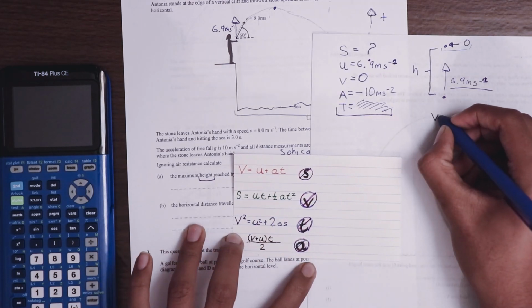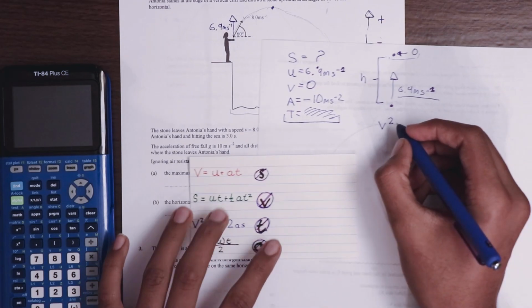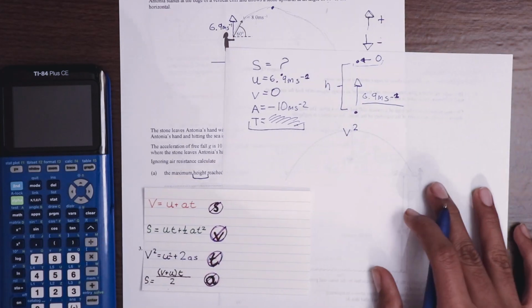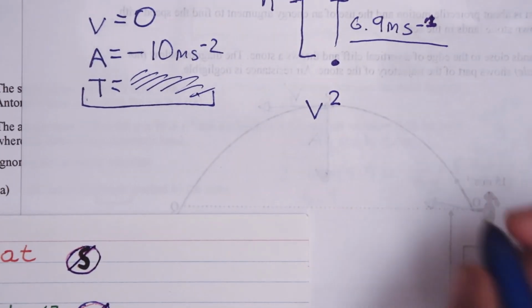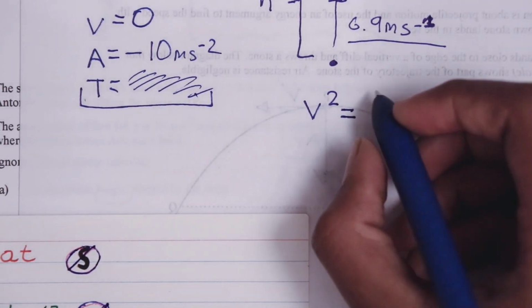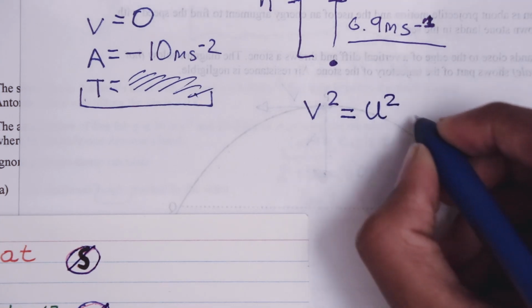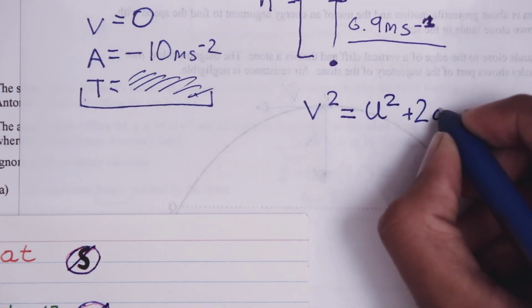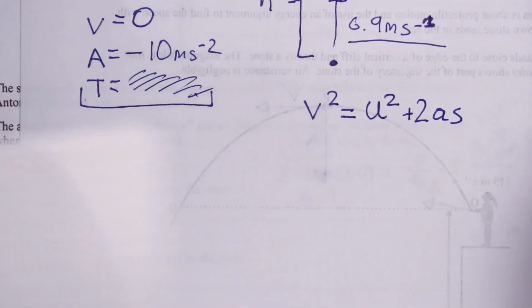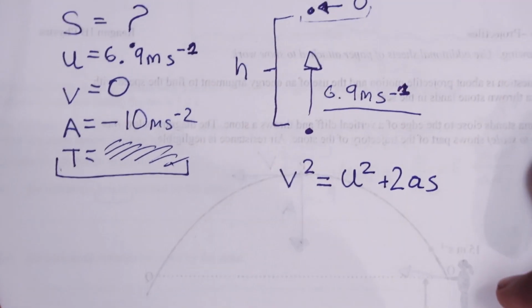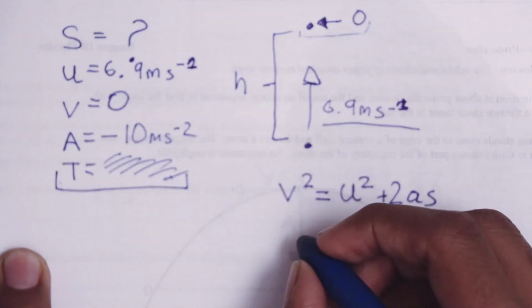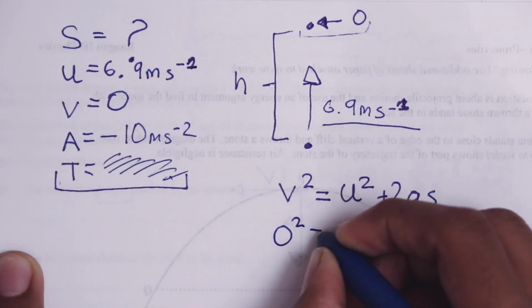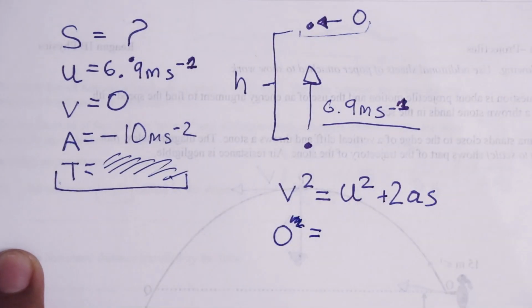So let's write out V squared equals U squared plus 2AS. Now with our variables, let's just plug it in. Our V is 0 squared, which is just 0.